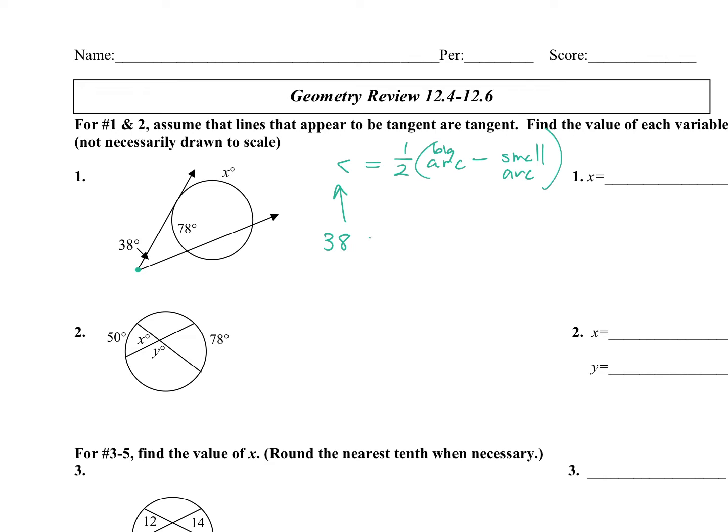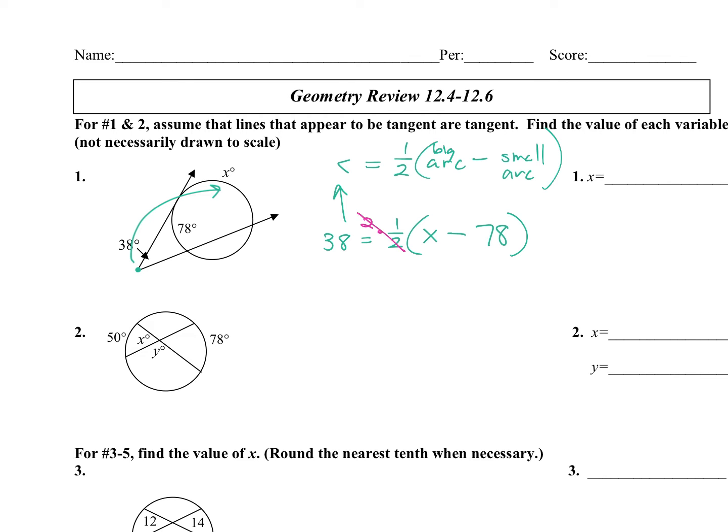38. 38 equals half of, what is your bigger arc? X. The one that's farther away will always be the bigger one, minus the one that's closer, which is your 78, okay? Now, if you wanted to, you could distribute right here, but you need to be careful if you do it that way. What is my better way? Times 2.